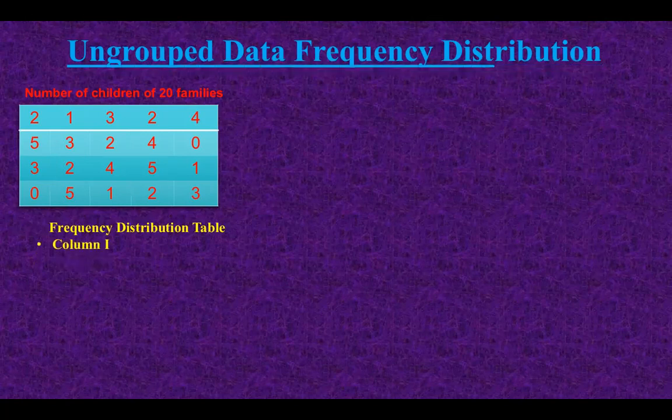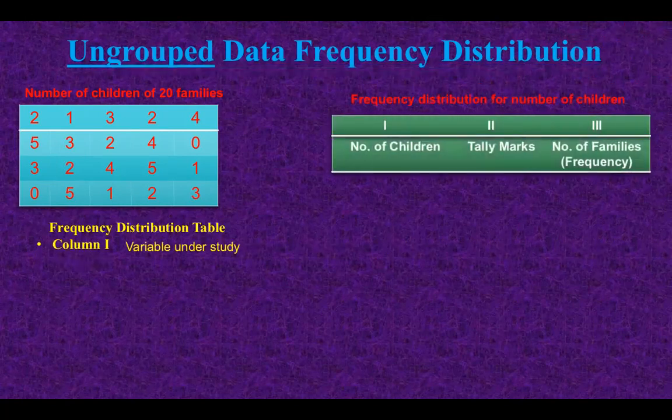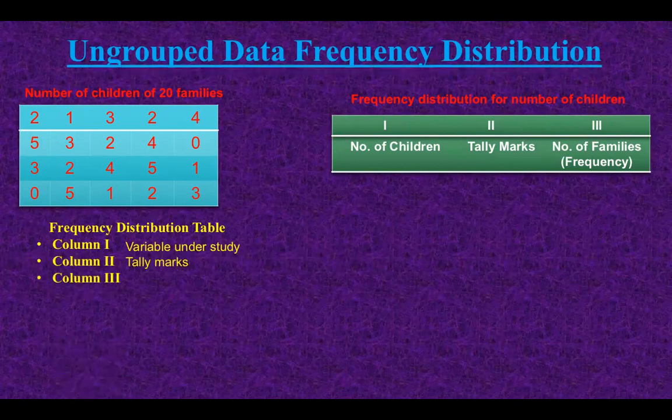A frequency distribution table has 3 columns. In column first, we write the variable under study. Here I have the number of children, so I have written the number of children. In column second, we give the tally marks. And in column third, we write the frequencies.